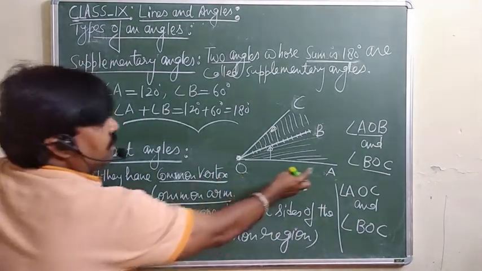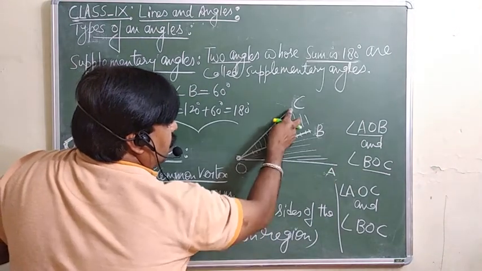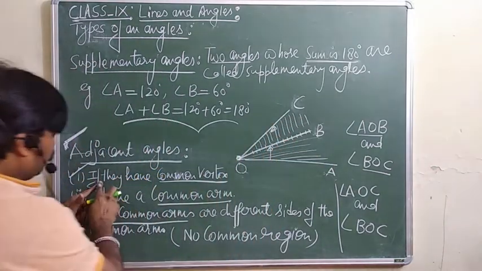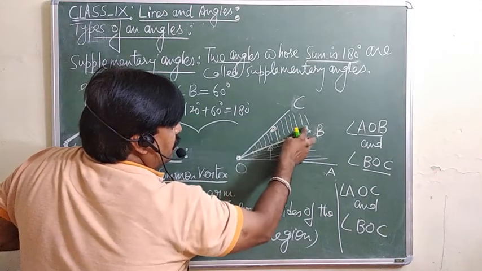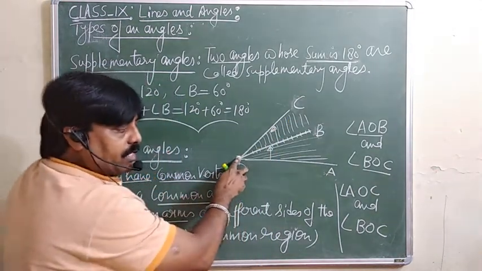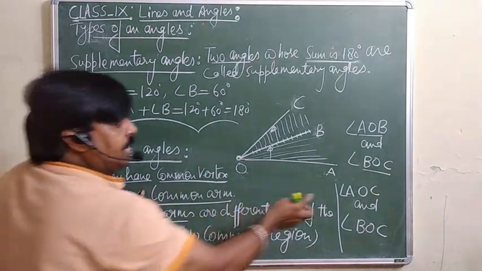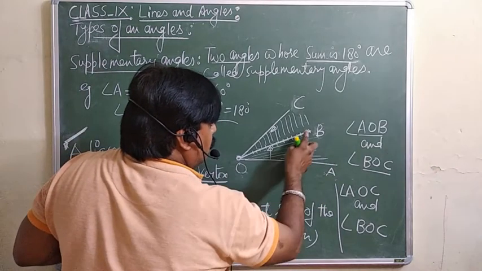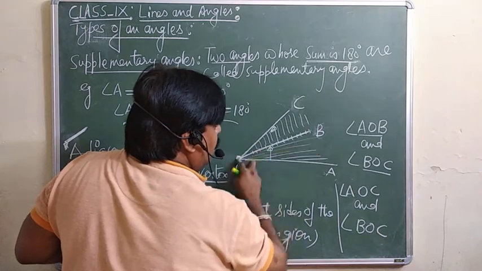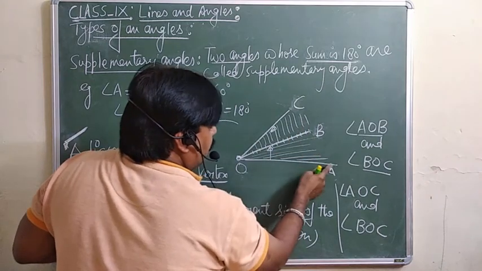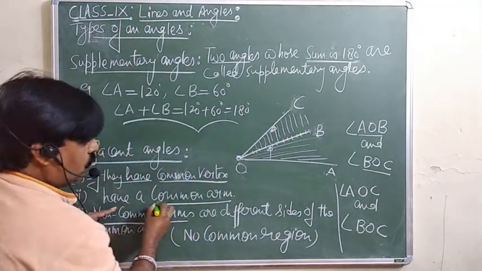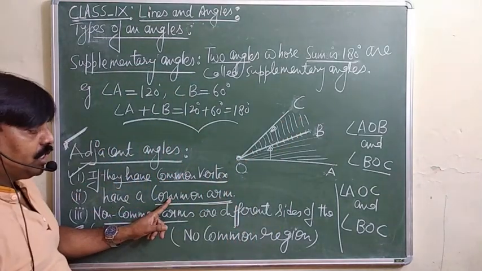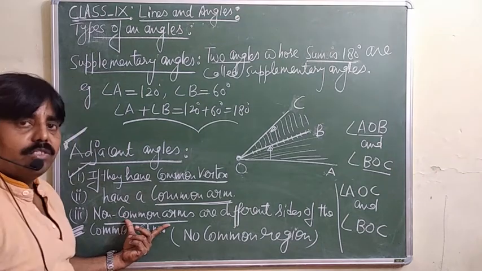Check the conditions. The first condition is satisfied: they have a common vertex, O. Second, AOC and BOC have OC as the common arm, so the second condition is satisfied. But the third condition is not satisfied.